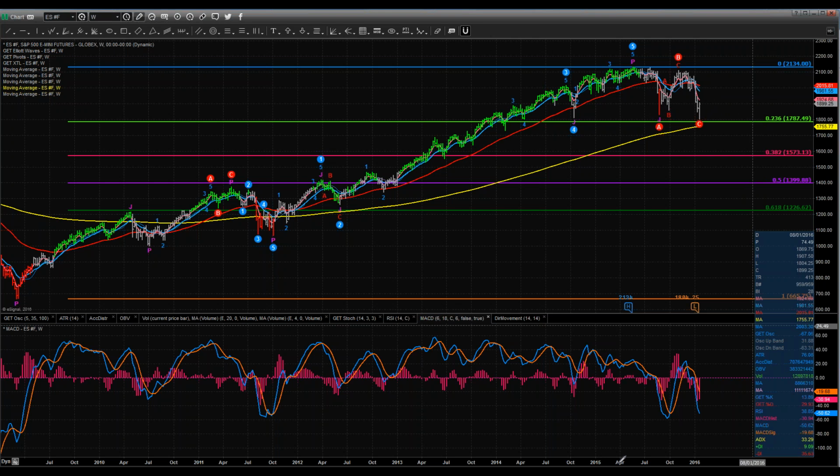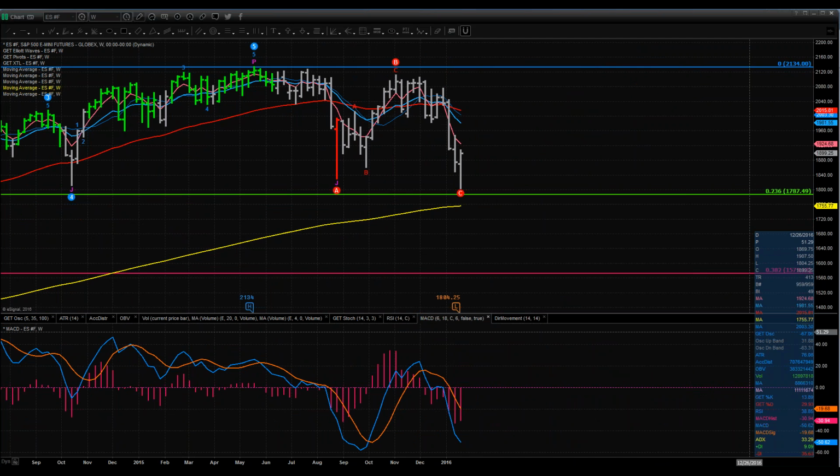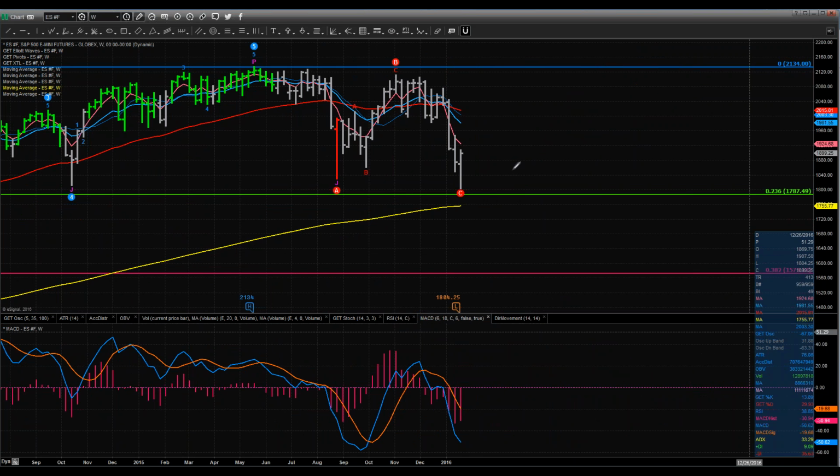Let me blow this chart up just a little bit, but I'm going to leave it on the weekly chart for a minute so you can get a better idea. Let's zoom out a little bit. Okay, so here's the weekly chart again. You can see where we came down and almost hit this low here, or actually we did. We bypassed it.